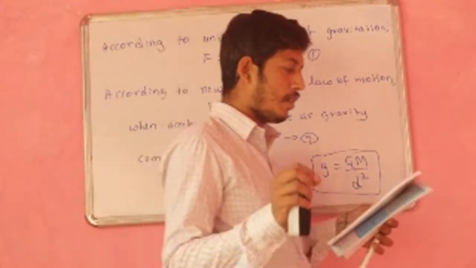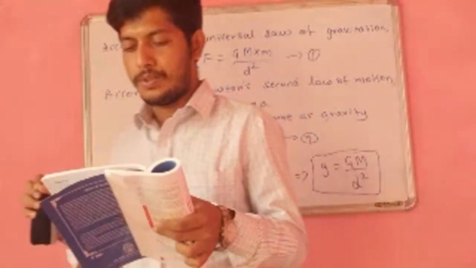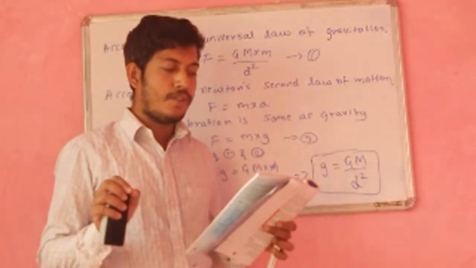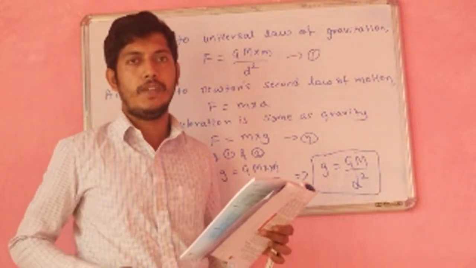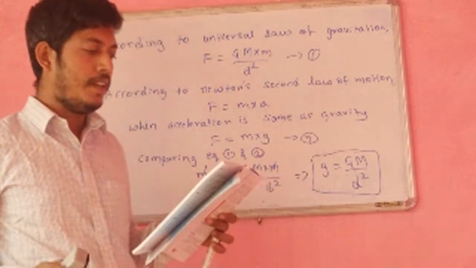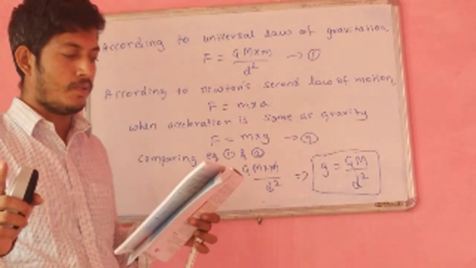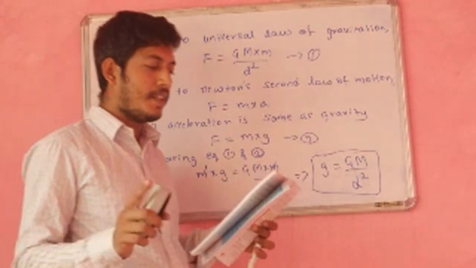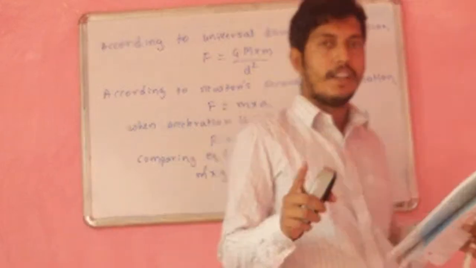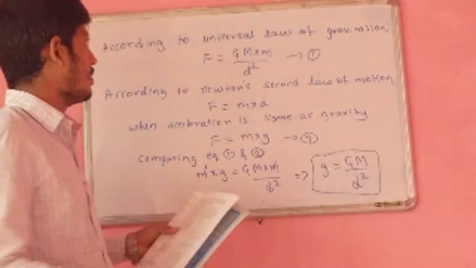To calculate the value of g, we should put the values of G, M and R in the equation of universal law of gravitation: G as 6.673, here they consider only 6.67 for simple calculation, into 10 raised to minus 11 Newton meter square per kg square, and mass of the earth, capital M, as 6 into 10 raised to 24 kg, and the radius of the earth is 6.4 into 10 raised to 6 meter.